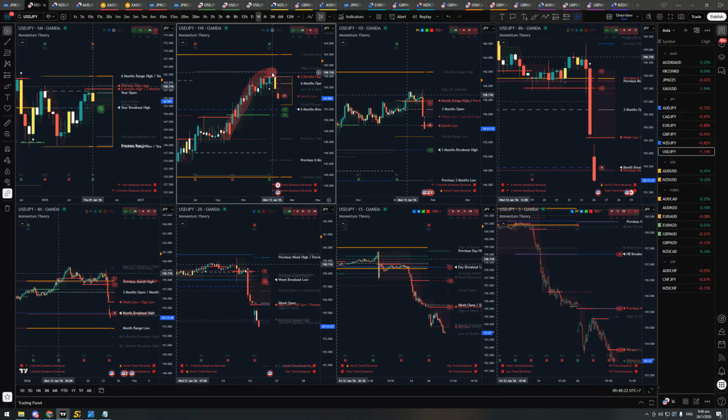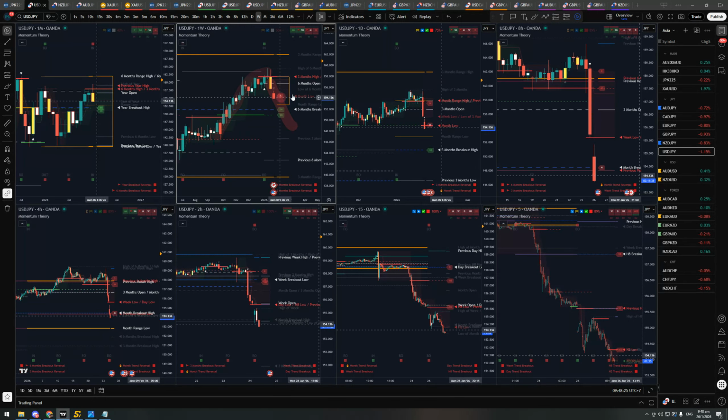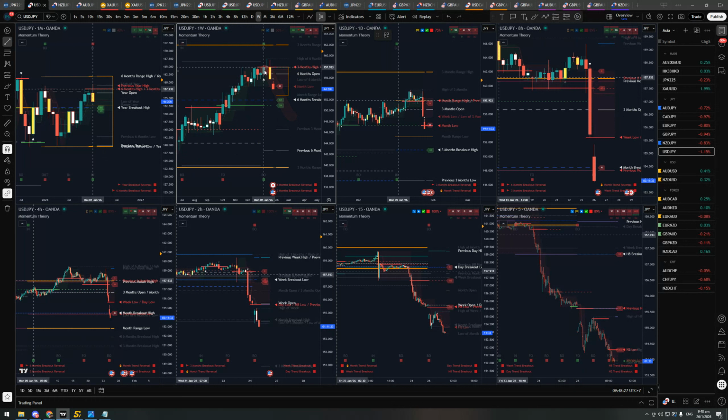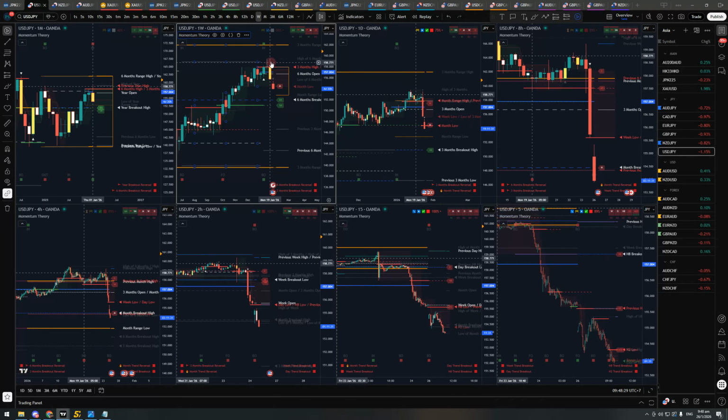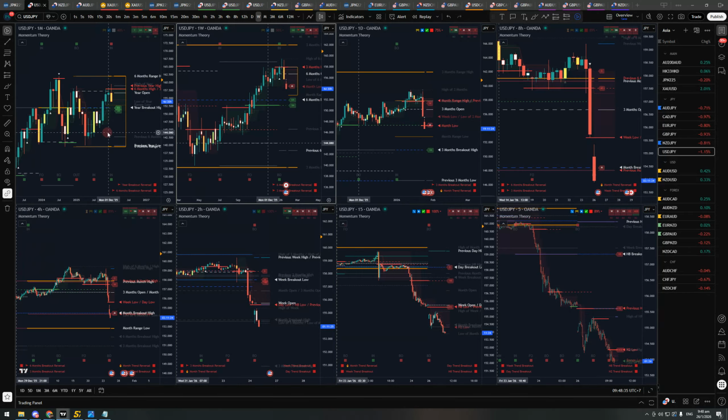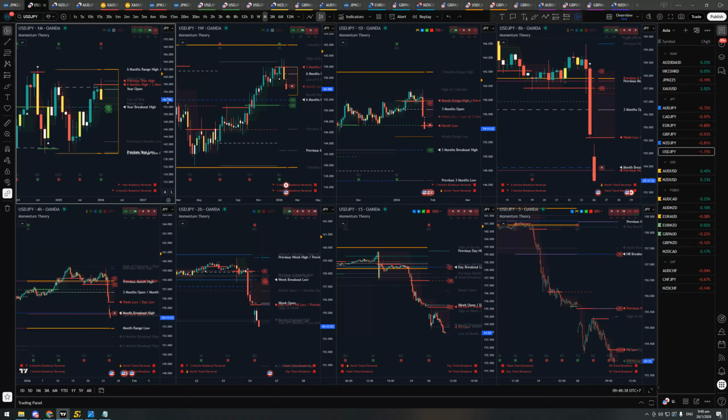Previous trend was bullish, and now there's a possible bearish trend. Actually, this is already confirmed, the bearish trend, as last week closed, taking out that breakout level. We're bearish on the weekly, but monthly is still, again, 4 more days until this confirms. So don't know if this is going to confirm as a breakout bar.